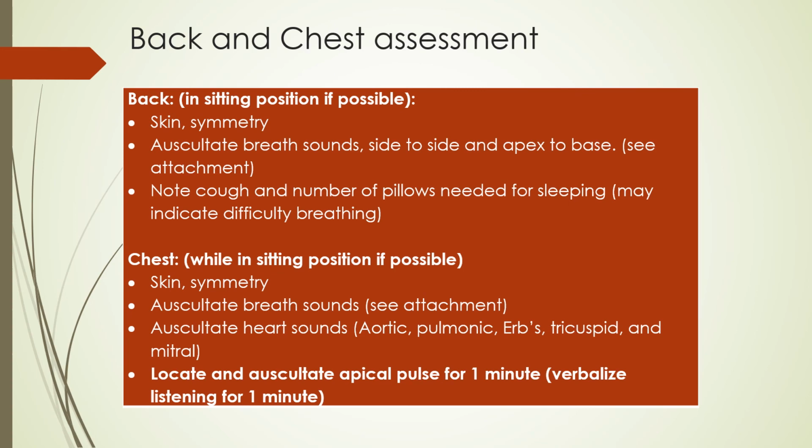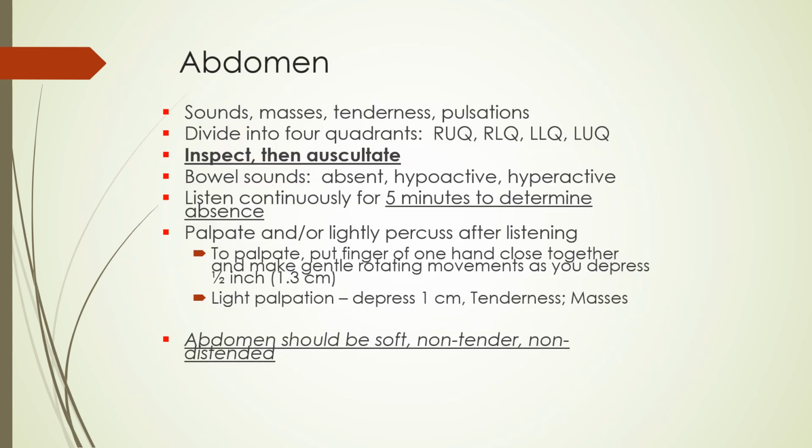Remember that. All right, this is where I was telling you we have an order that we go in: inspection, palpation, percussion, and auscultation, with the exception of the abdomen. The abdomen, we're going to listen for the bowel sounds. We're going to palpate for tenderness or masses.